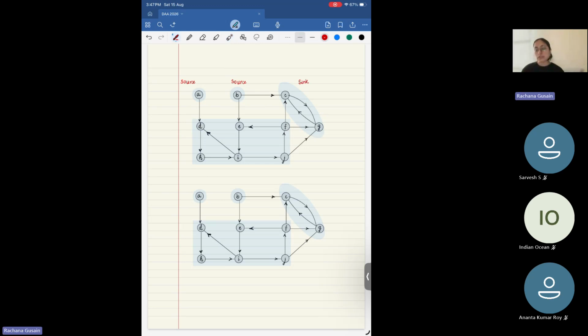strongly connected component, right? So if I look at this graph, the graph of strongly connected components, that is a directed acyclic graph, it will have at least one source and at least one sink.